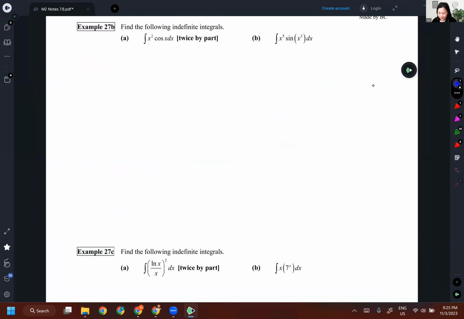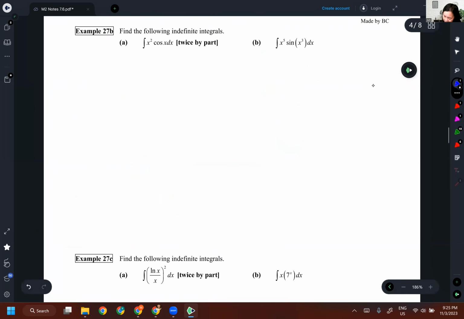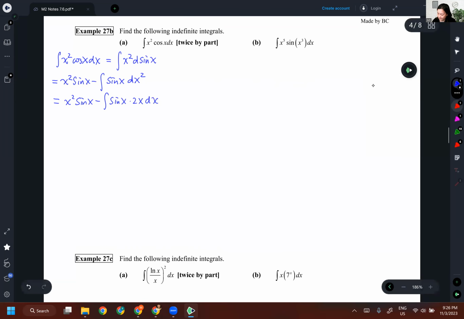This one. This one. x squared d sine x. Okay, so this is the first time you use it. That's the first time.